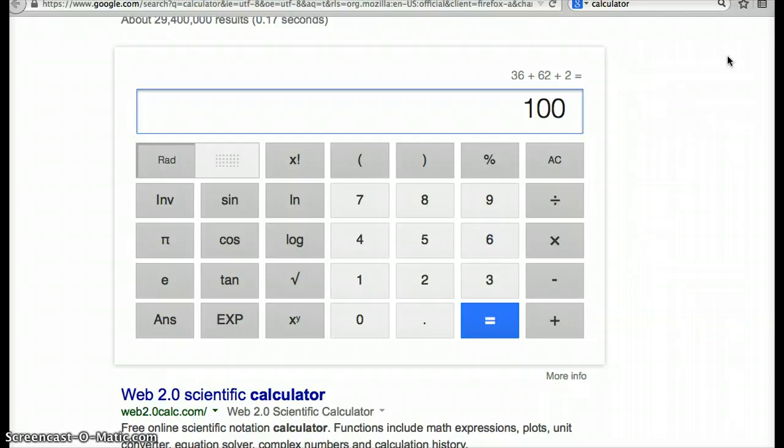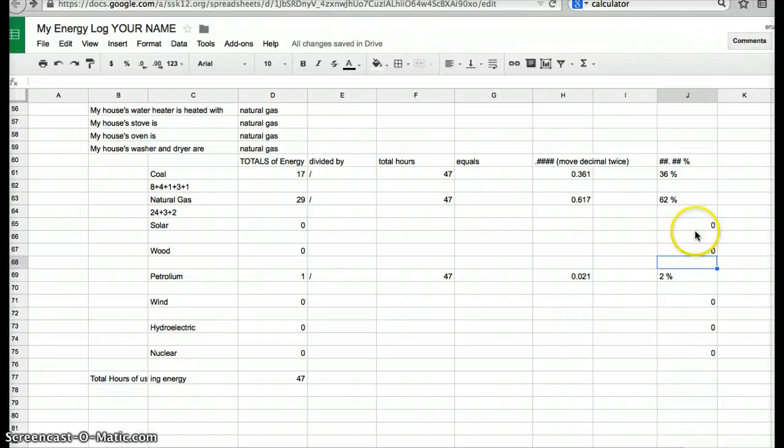That means we are taking into account all the hours, so we have proper percentages that will help us make our pie chart. So now that we have these, and these are correlated to specific names, such as natural gas is 62%, coal is 36%, petroleum is 2%.